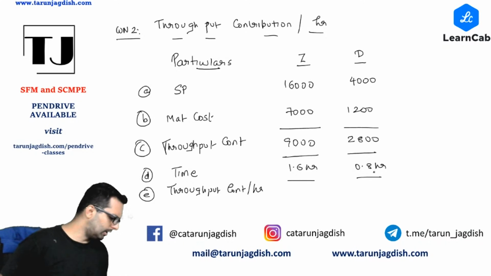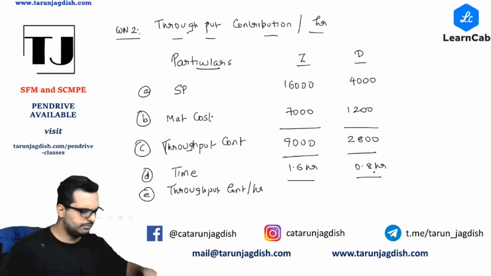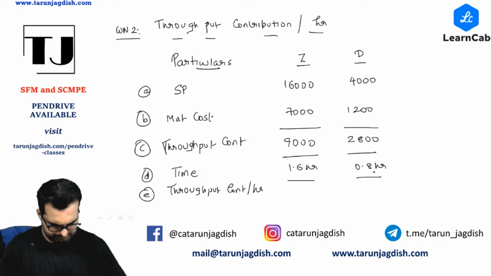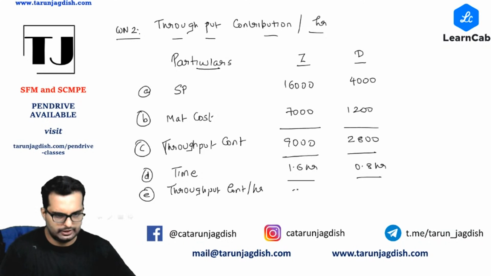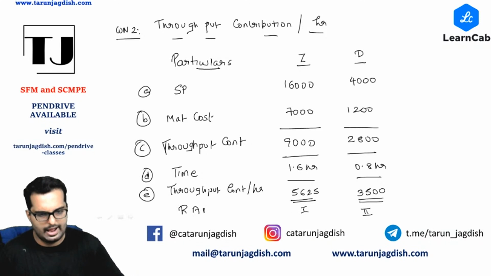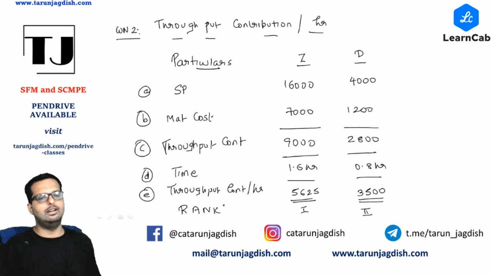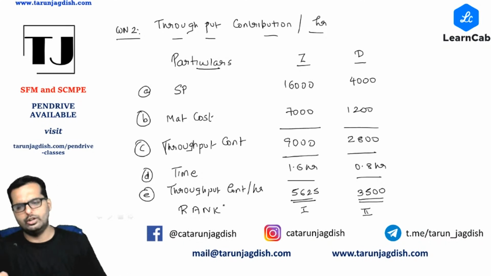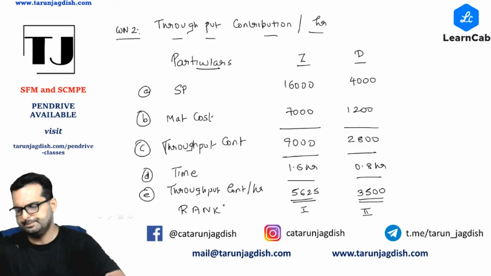Let's take a calculator and do this. It will be 5625 for the first one, and 3,500 for the second one. So ranking wise, rank 1 would be product Z and rank 2 will be product D. Can you quickly write down this so I can go to the next part?